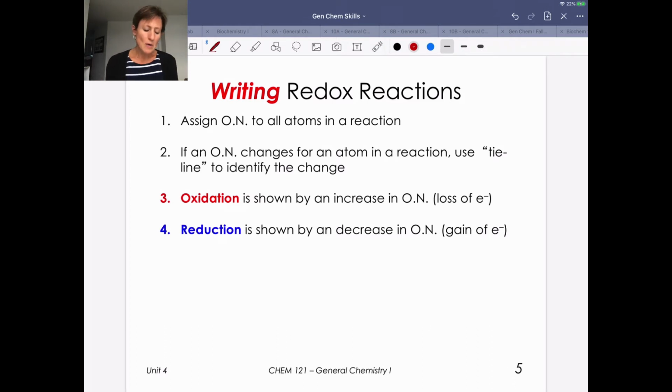The best way to highlight this is to go through an example. We've got potassium nitrate as a solid being converted to potassium oxide as a solid, nitrogen gas, and then oxygen gas.